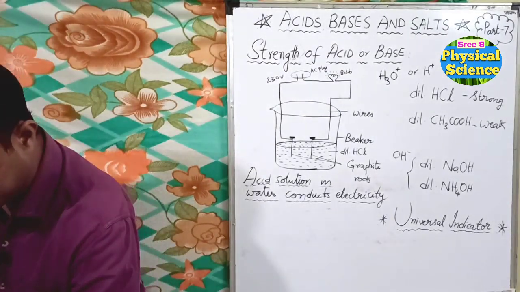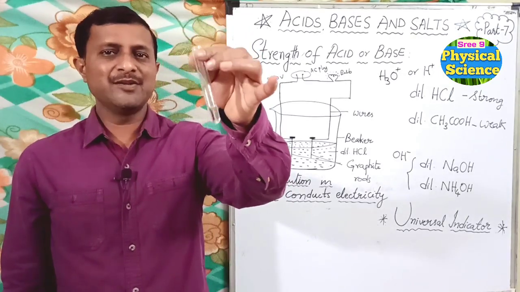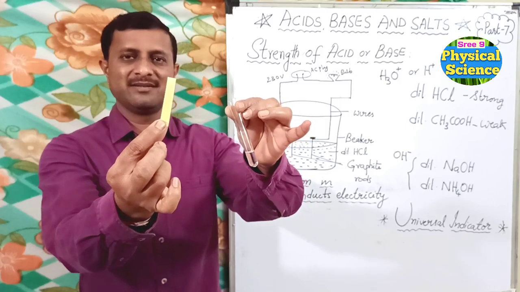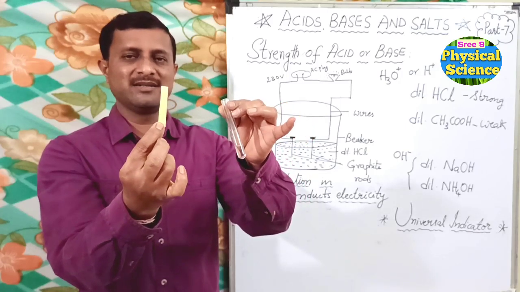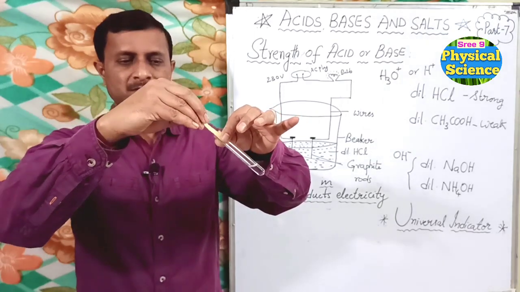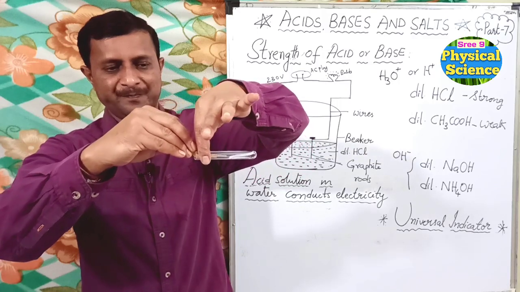First, here I am taking an acid solution, dilute hydrochloric acid solution. Let us see what color it changes. Now I am dipping here. You see here what is going on in this test tube.